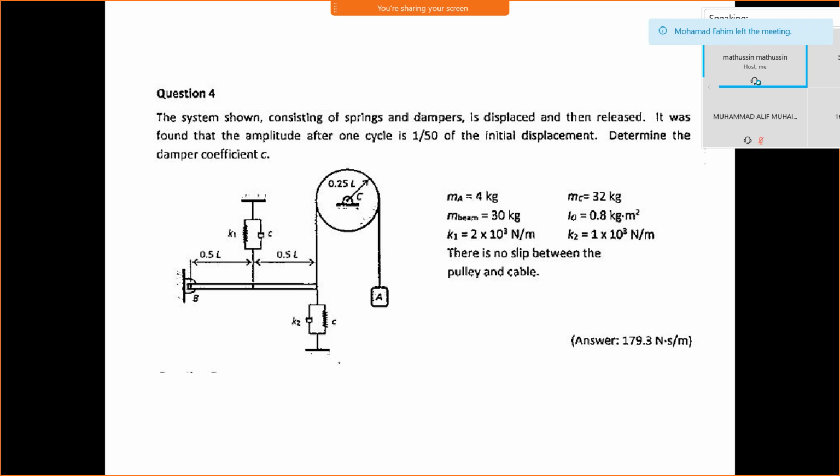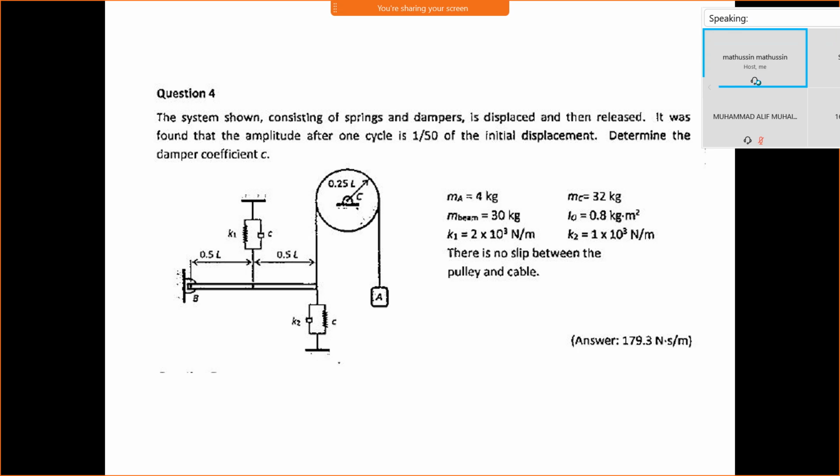Okay, so basically we have 3 methods that we are going to use, but not all the methods can be used, because the methods basically depend on the conditions.